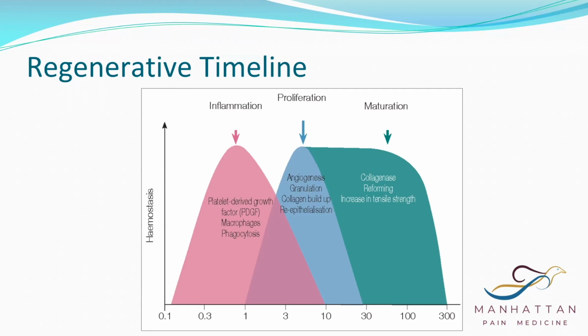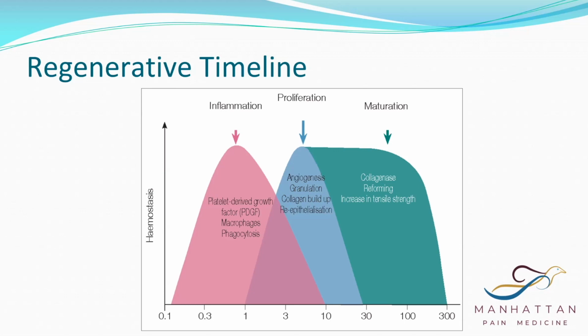The next phase is the proliferation phase, and that's when we really see things like angiogenesis, where new blood vessels are being formed in that area in order to feed the new tissue growth.